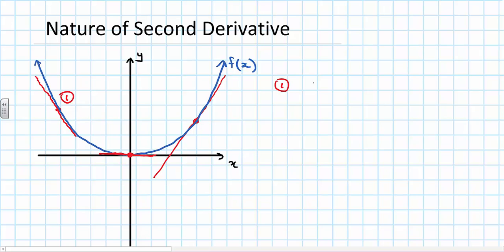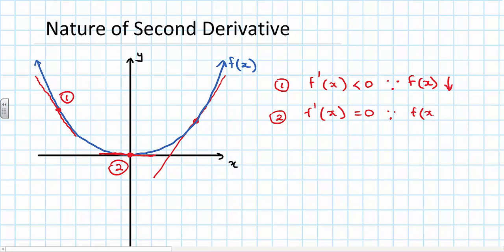In case 1, the gradient is negative because the function is decreasing. So f dash x is less than 0 because our function is decreasing. In section 2, which is a unique point, we know that our f dash x is equal to 0 because my f x isn't changing, it's stationary. No change, stationary.